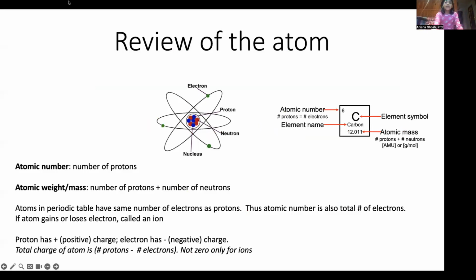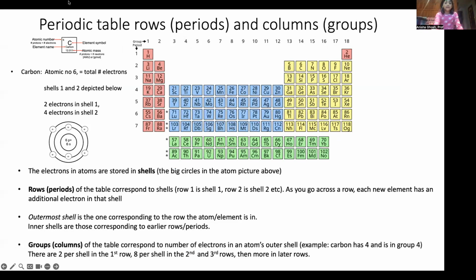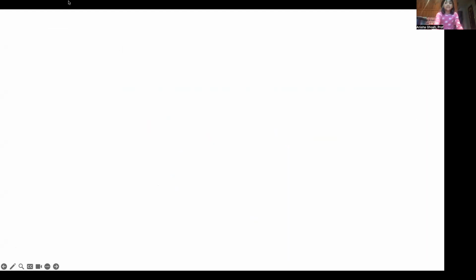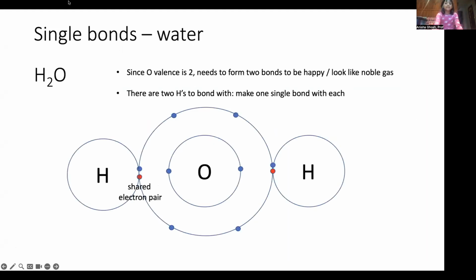We started with a review of the atom, the periodic table, and then after that, we moved on to different types of chemical bonding, such as covalent bonding and ionic bonding. Since that period of time, we have moved on to more advanced topics in chemistry.